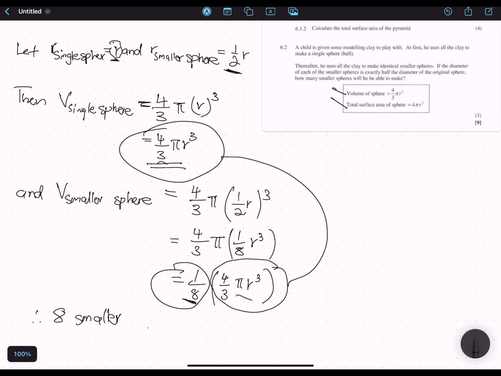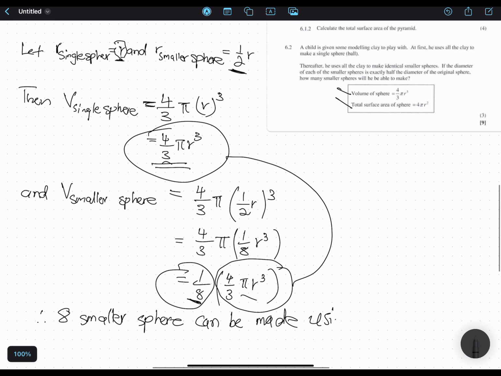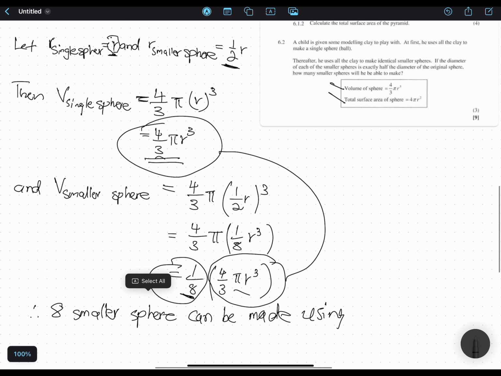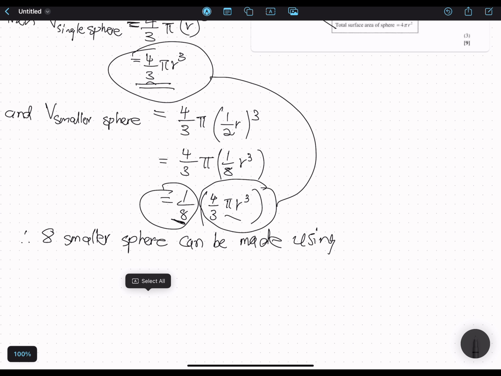It's 1 over 8. 8 smaller spheres can be made using the same modeling clay. I'm going to explain why 8, right? So that is the answer.